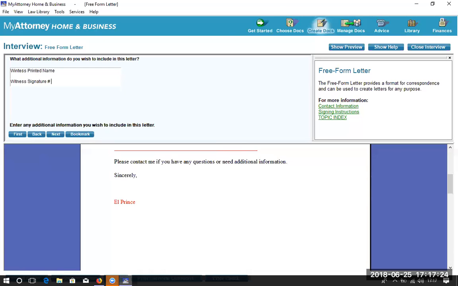Signature number 2, witness printed name. Of course, the affiant is going to sign this document in the presence of the notary. Okay, so we got all that, and notary public signature.